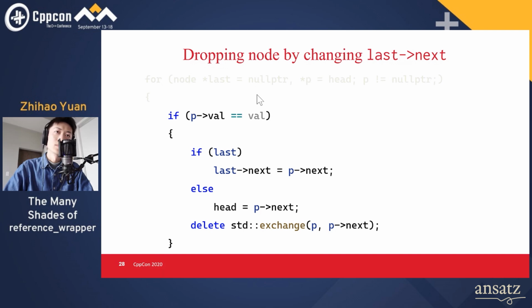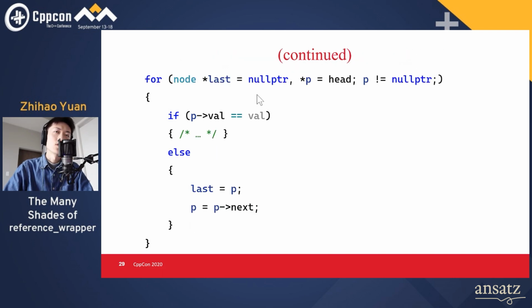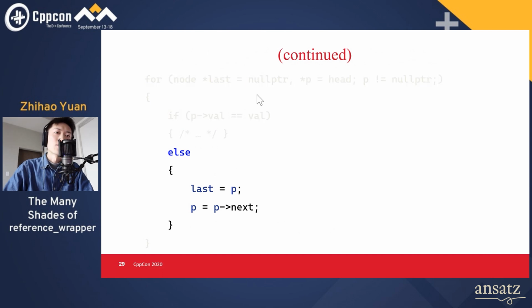And in the body of the loop, we try to find a match. If we find a match, if there is a previous node, we skip the current node using the previous node. If there's no previous node, we are able to directly modify head. After we've done that, we delete the current node. Continue. If we don't find a match, we assign the current node to the previous node to save it and move forward to the next node.